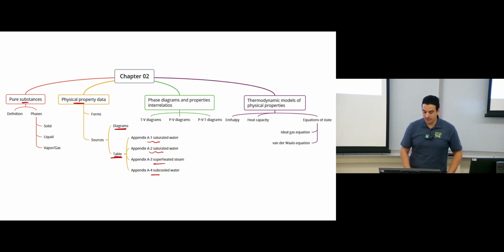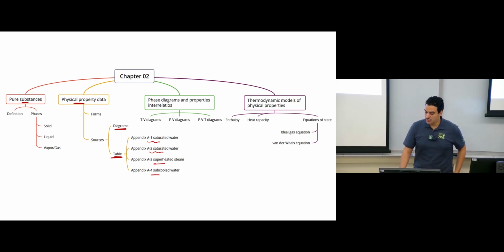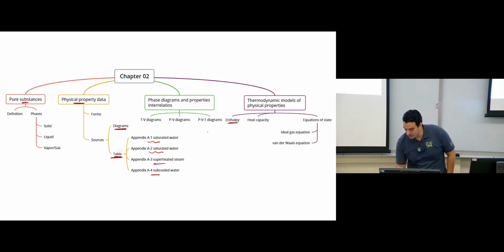Then we started to explain, okay, what if we have a different substance and we still need to calculate internal energy? Or if we have an open system, we need to find the enthalpy. So in this case, we started with defining what is meant by the enthalpy. And we said both internal energy and enthalpy can be calculated from heat capacity. We have 2 heat capacity values. Heat capacity at constant volume, CV, is the one we use to calculate internal energy.